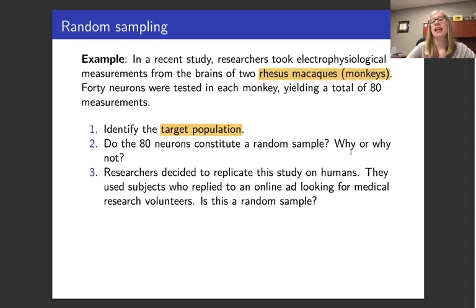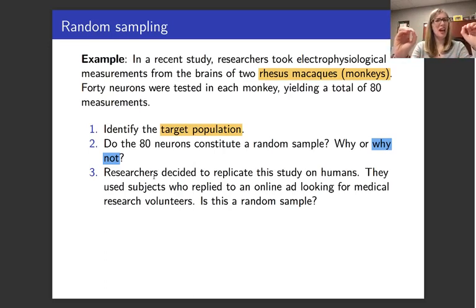Second question, do the 80 neurons constitute a random sample? Probably not. If we think about where these monkeys would have come from, they're probably lab subjects. So they were available to the researchers. We have 80 neurons, but really 40 of those neurons came from monkey 1, 40 of those neurons came from monkey 2.